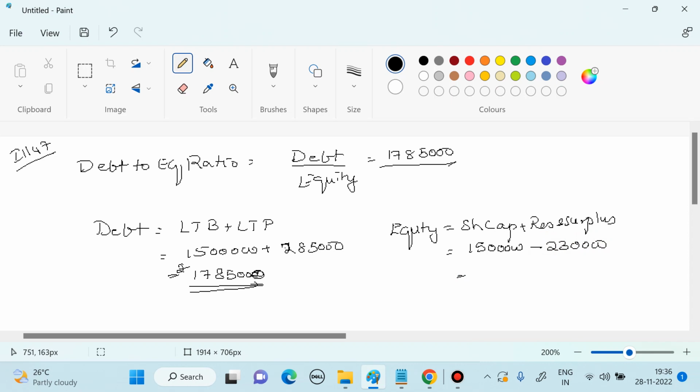So you're left with 12 lakh 70. So write that here, 12 lakh 70. Now reduce it to the lowest form and tell me what you get. 1785 is to 1270. Calculate and tell me the ratio quickly.